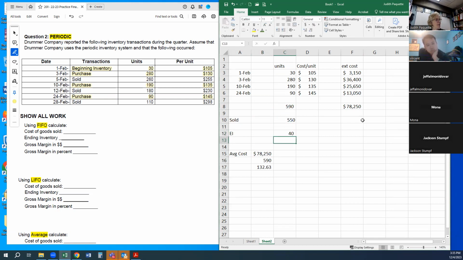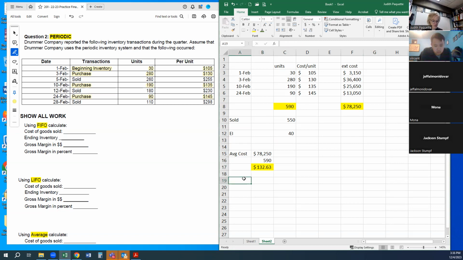But when you're figuring out average cost, you don't figure it out based on the units you sold. You figure it out based on goods available for sale. So we had 590 units and they cost 78,250. Then we get our per unit cost, and then we apply it.